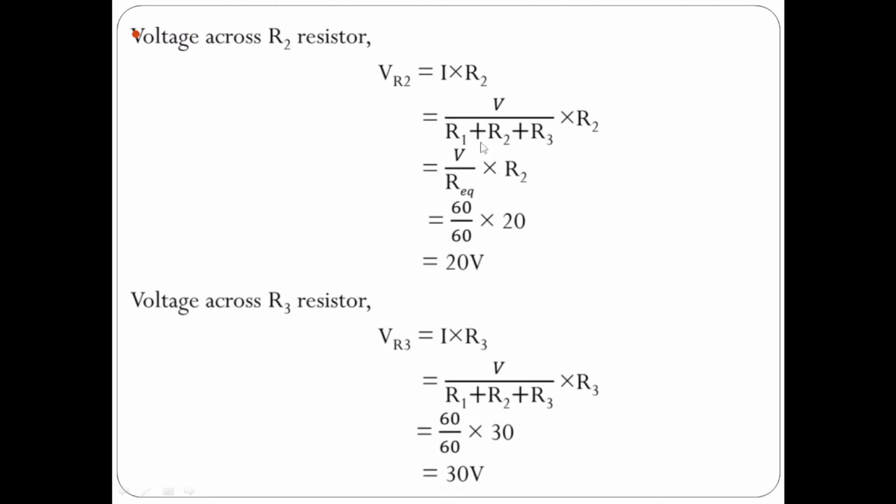Similarly, VR3 is I into R3. So I is V by R1 plus R2 plus R3, into R3. So V is 60, R1 plus R2 plus R3 is 60, and R3 is 30, just solve it, you will get 30 volts. These are the voltages that they have asked us to determine.